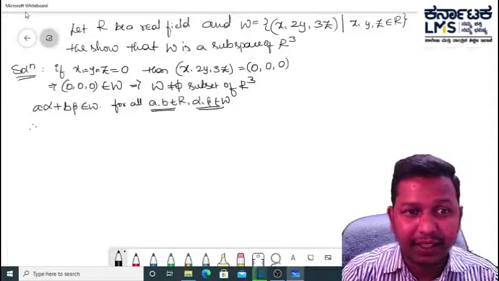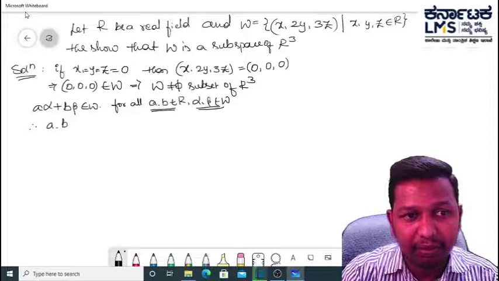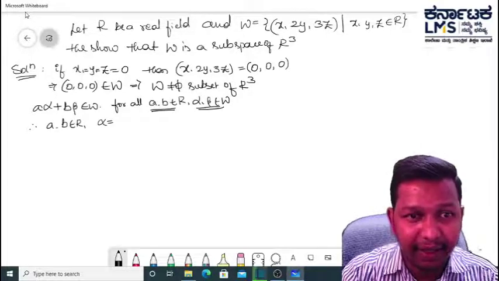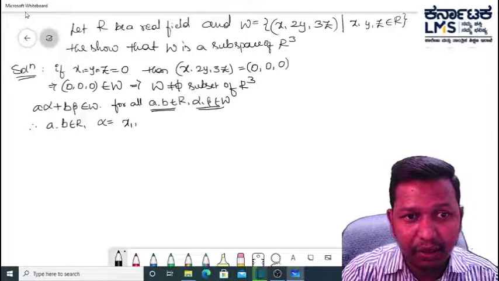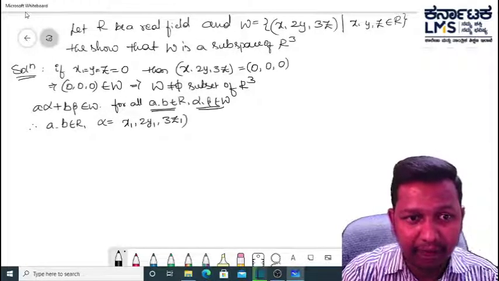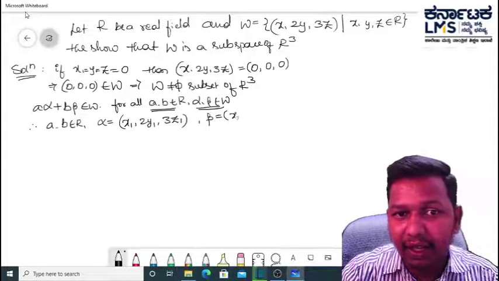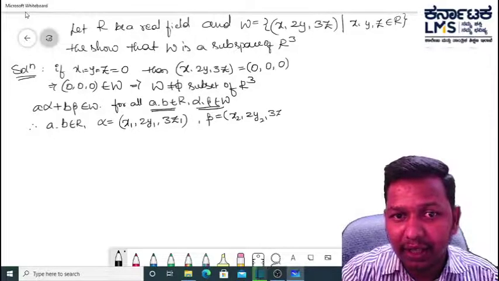Therefore, I take a, b belonging to R as scalars, alpha as (x1, 2y1, 3z1) and the second vector beta as (x2, 2y2, 3z2).